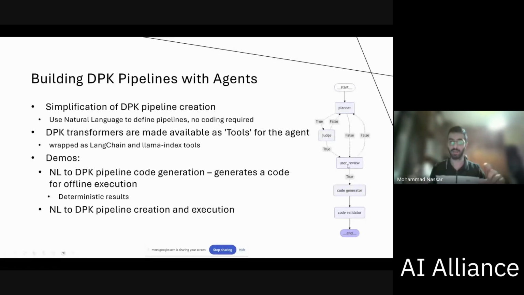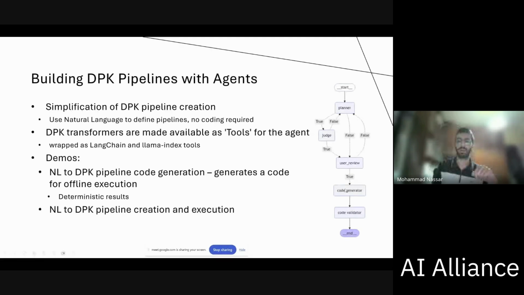In user review, we want to interact with the user. We show them the plan that the planner suggested, and they can give their review to make a replanning or revision, or to continue. If they want to replan, we go back to the planner and do a replanning. Otherwise, we go to the code generator.